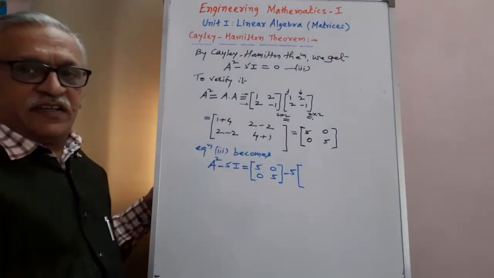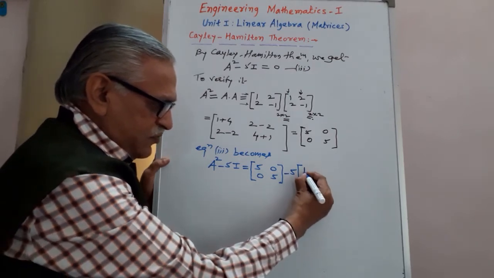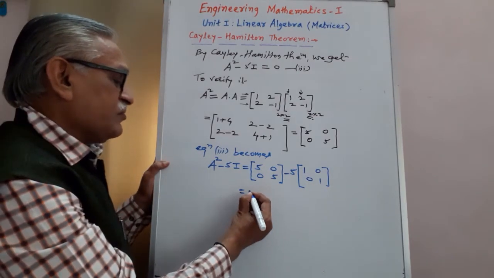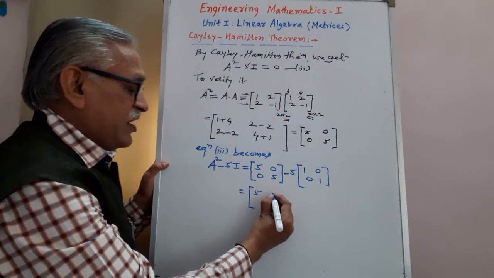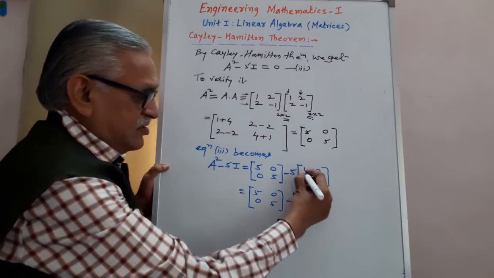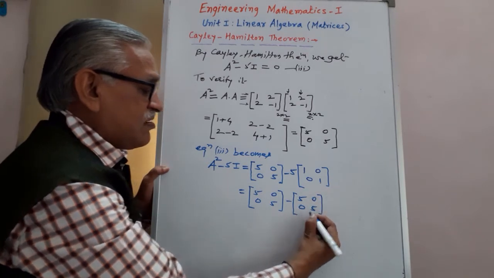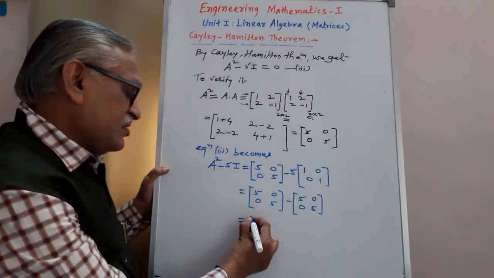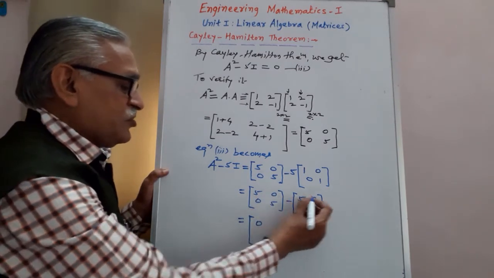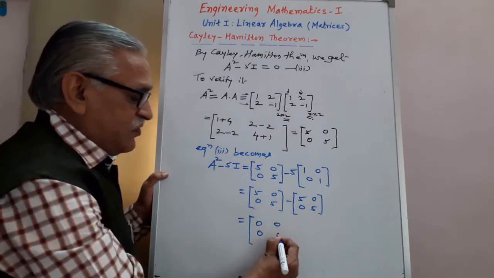Here the order of matrix A is 2 by 2, therefore we have to consider the identity matrix of order 2, with elements 1 0 0 1. And we get 5 0 0 5 minus 5 0 0 5. If we perform this subtraction of these two matrices, 5 minus 5 we get the first element as 0, 0 minus 0 we get 0, 0 minus 0 we get 0, 5 minus 5 we get 0.